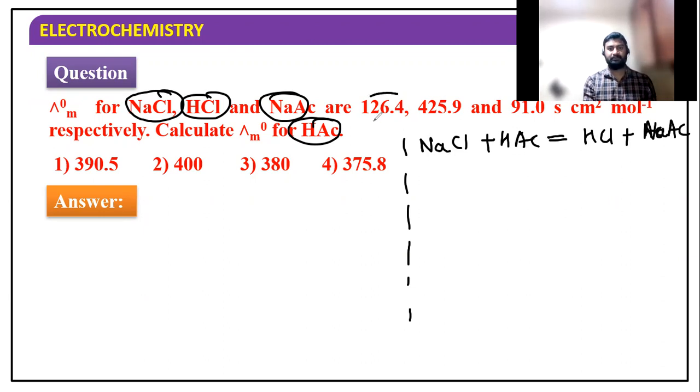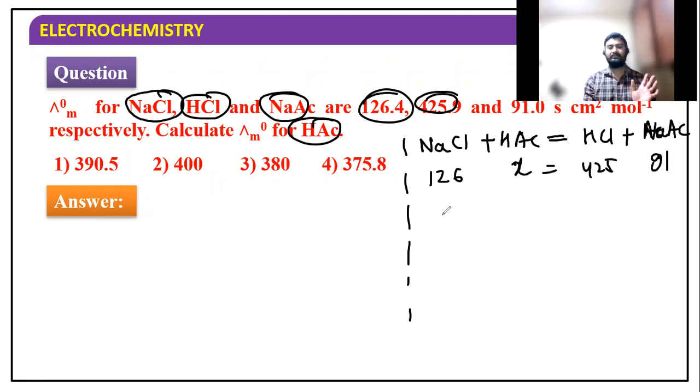Put the values. I'll just do the rough one. NaCl is 126. HCl is 425. HAC, I don't know, X. NaAC is how much? 91. That's it. Equate them. Meaning 126 plus X equals 425 plus 91. Done. Finished.